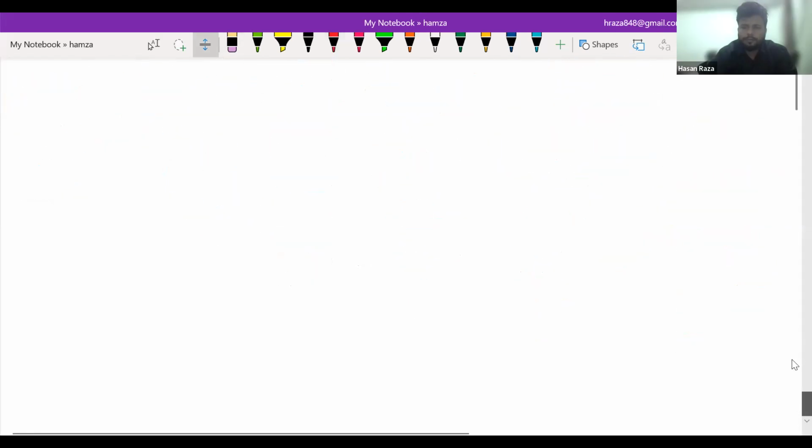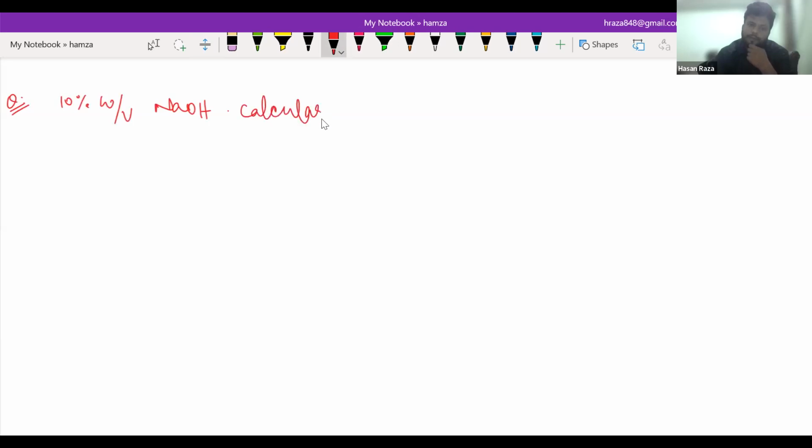Then now see, I'm going to give you a very easy question, but this is basically the application of weight by volume percent. So I'm going to give you 10% weight by volume NaOH. Calculate molarity. What I taught you is very important.